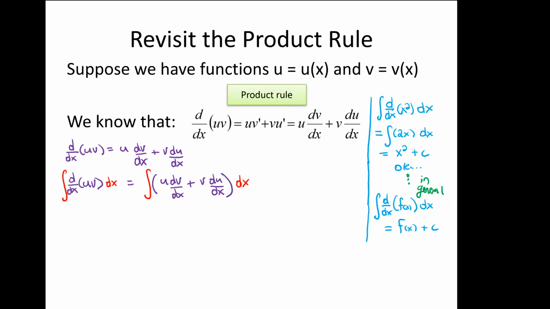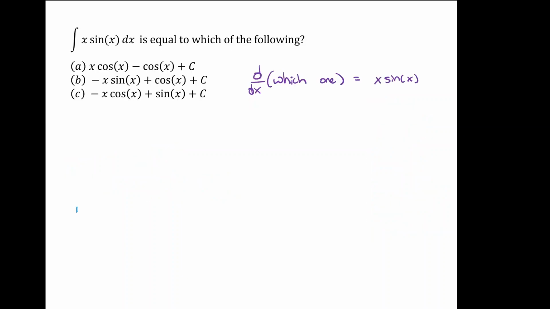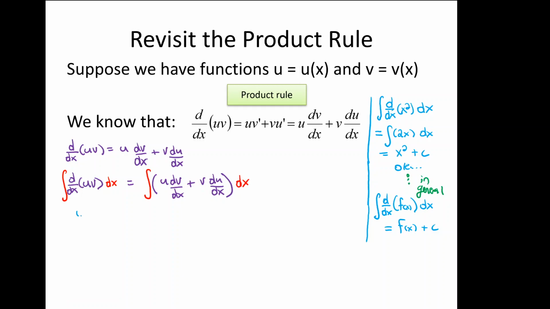I'm going to apply that logic to the left-hand side. We're taking the antiderivative of the derivative of u times v, so we're going to get u times v. Now on the right-hand side, I'm going to split up the integral of u dv by dx with respect to x plus the integral of v du by dx integrated with respect to x.